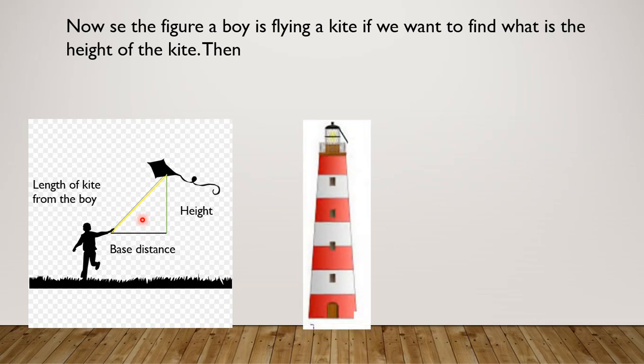Let's take one more example. If a tower is there and one person observes from this point and looks at the top of the tower, this line is the distance of the tower top from the observer's eye. This is the height of the tower, and the horizontal distance is the distance between the observer and the tower.